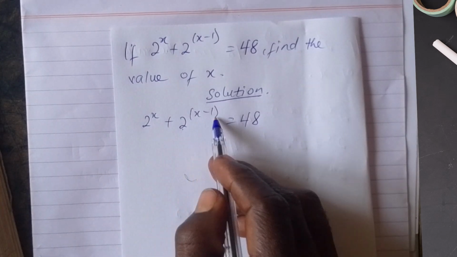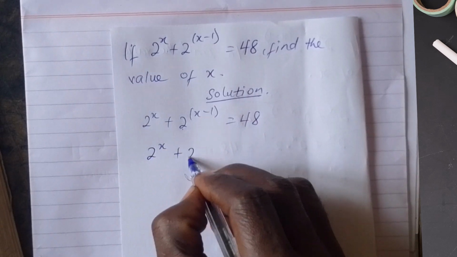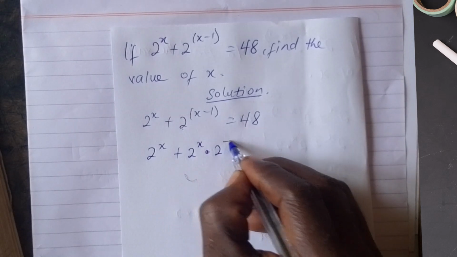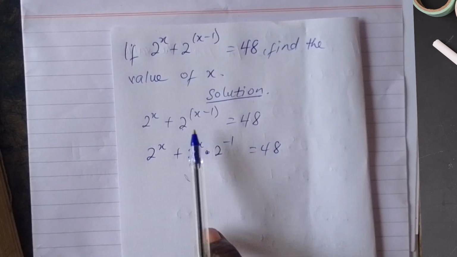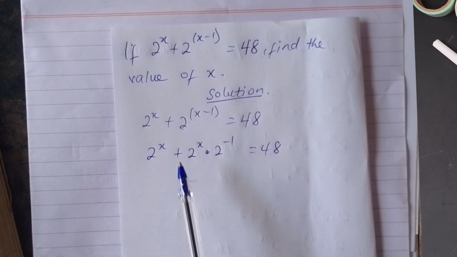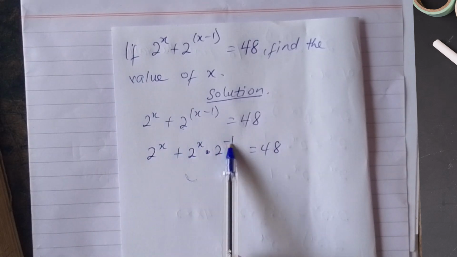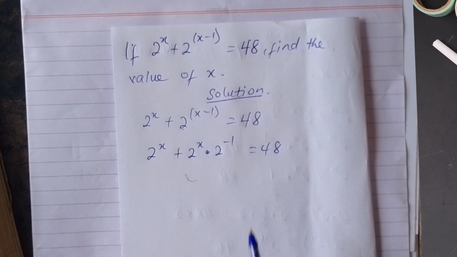We can expand this power to give us 2 to the power x plus 2 to the power x multiplying 2 to the power minus 1 equals 48. That is, when we are multiplying two numbers with the same base, the law says we keep a single base and then we add the exponents. That's why we are having x and then minus 1 over here.